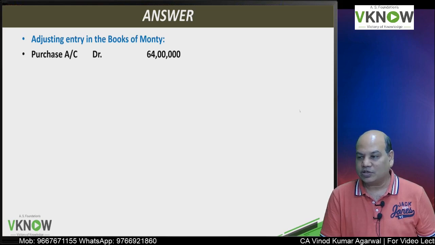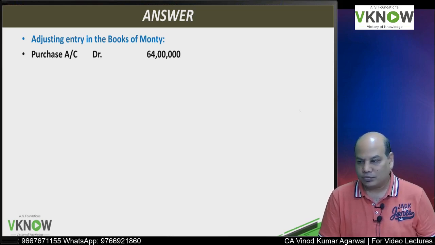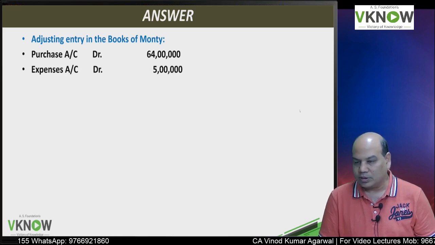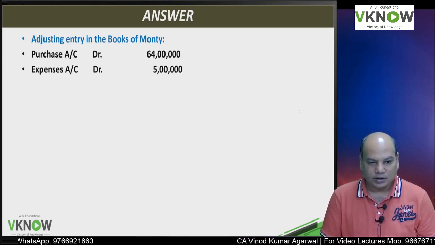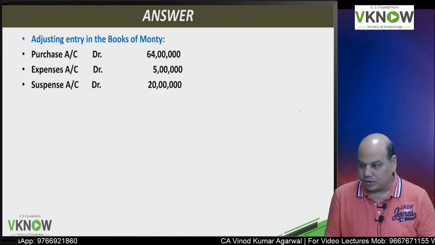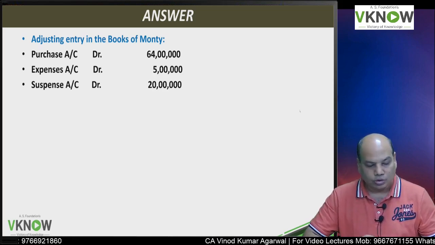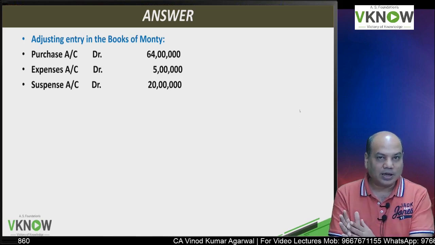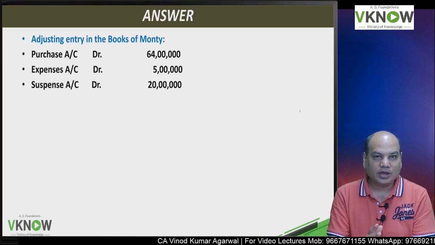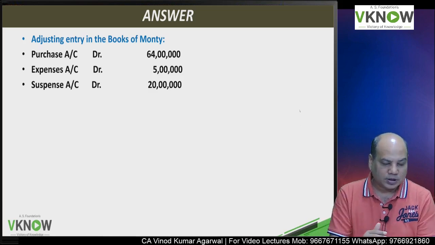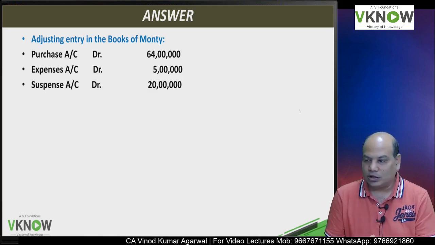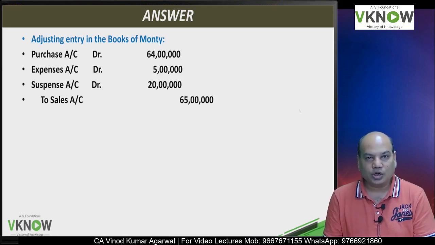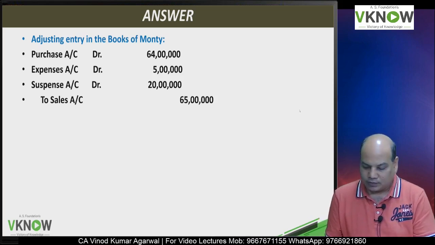Please write purchases account debit 64 lakh. Expense account debit 5 lakh. We are going to eliminate the suspense account. The suspense account has a credit balance of 20. Now you debit it. If you debit suspense account 20, suspense account will close. And then you record sale relating to joint venture, sale 65 lakh.